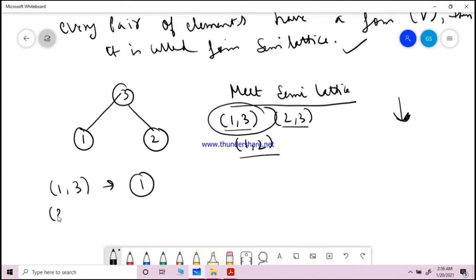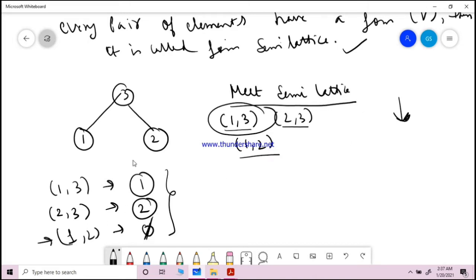In the same way, for 2 comma 3, the meet will be 2, because from 2 you are reaching 2 and 3 as well. But if you write down this pair, there is no meeting point. So this is 5. As for one pair you are not finding a meet, this is not a meet semilattice.